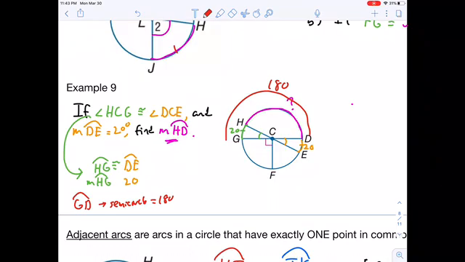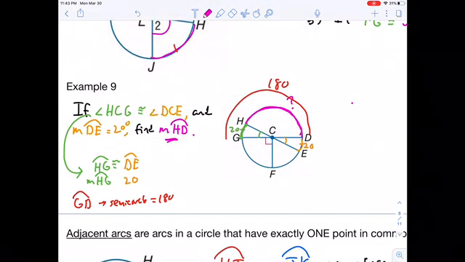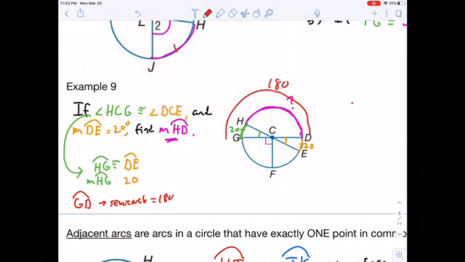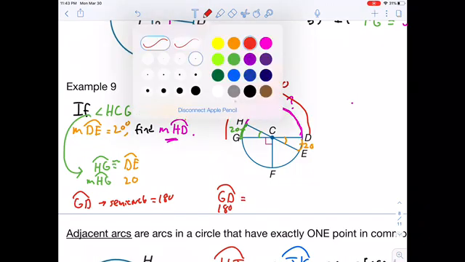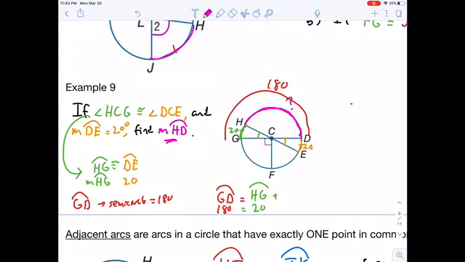And that semicircle is made up of a green piece of 20 and a purple piece, which we're trying to find out. So GD, which is 180 degrees, is equal to HG, which we know is 20 degrees, plus HD, which we're trying to figure out.